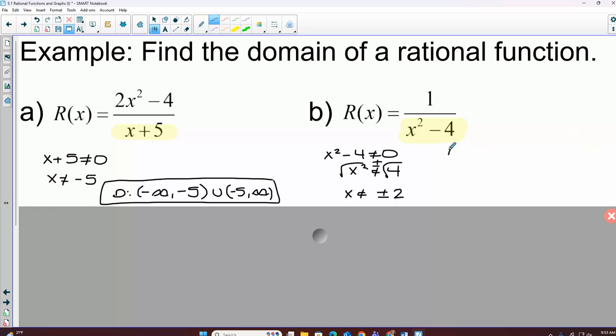Now, my domain. In the past, I told you that if it was more than one value x couldn't be, I would allow you to list them. So I would accept that answer on this one, but on part A, I would require the interval. If you wanted to do the interval here, it's everything smaller than negative 2, so negative infinity to negative 2. Union, everything between negative 2 and 2. Union, everything bigger than 2.